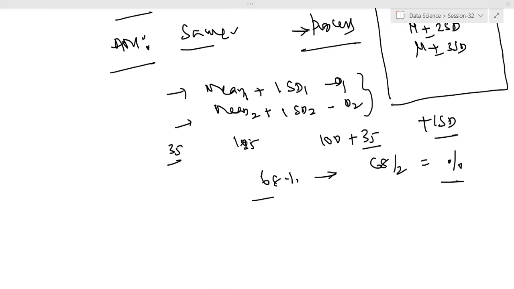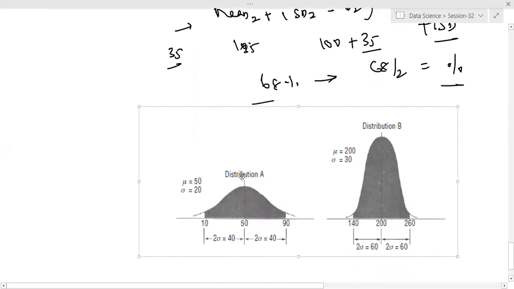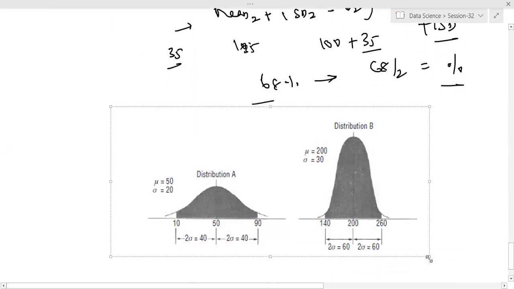Distributions always give some idea, so that we can understand what exactly we are trying to tell our team, or what exactly we are trying to implement. Now you see this diagram. Have a look at this, friends.